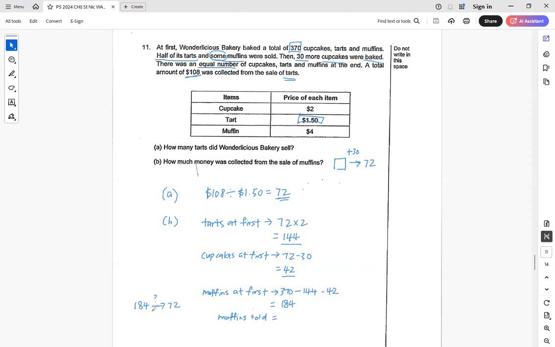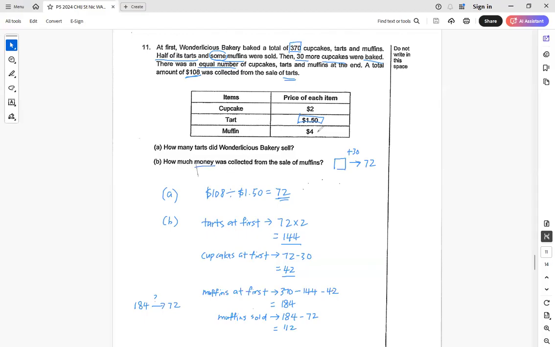So to find how many were sold, we just take 184 minus 72. So the number of muffins sold is 112. But the question is asking for money collected, okay?